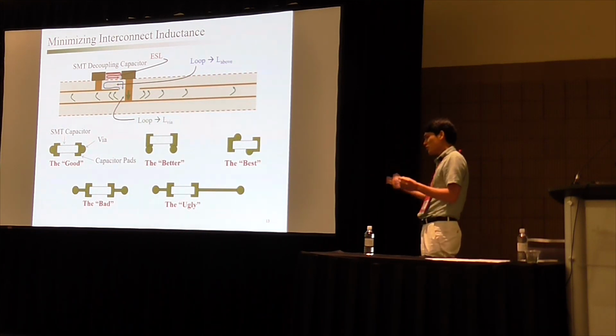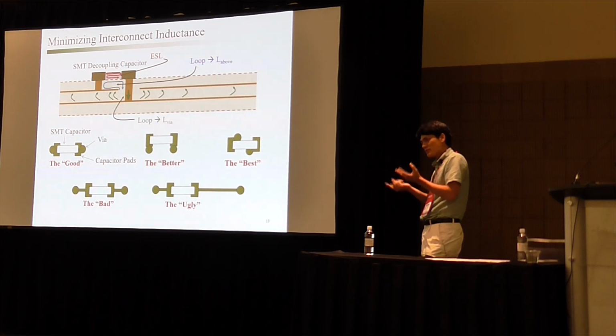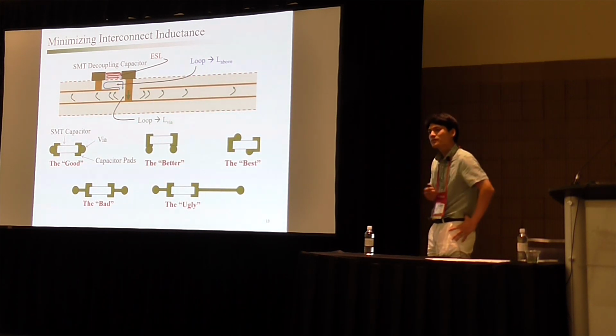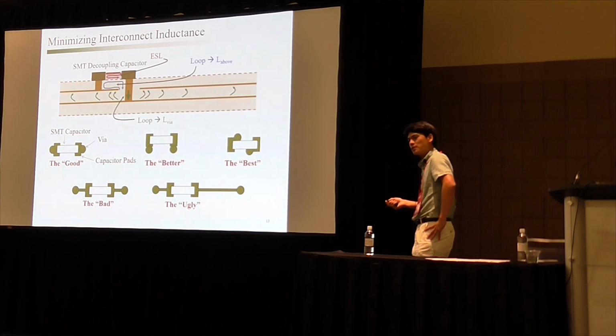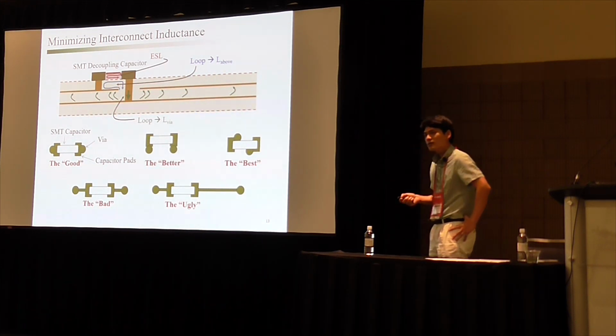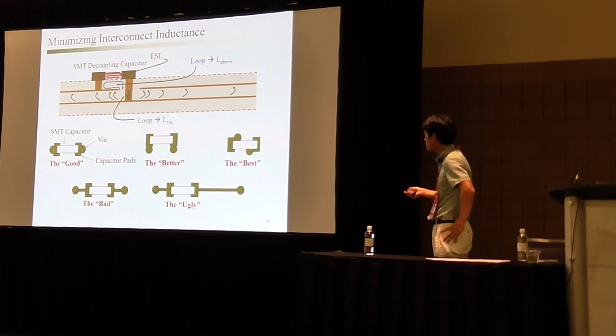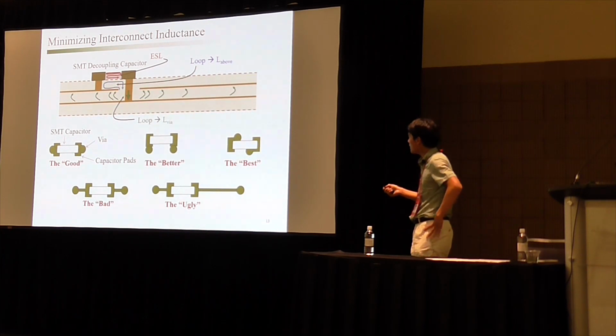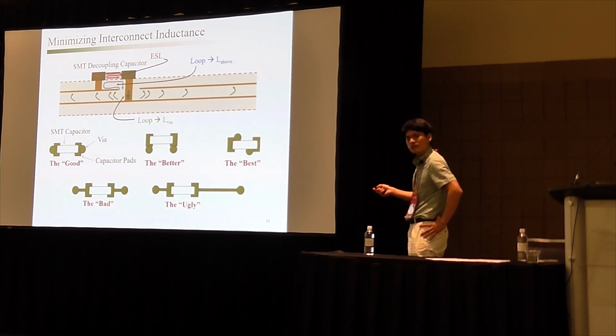So the larger the loop, the larger the inductance. The smaller the loop, the smaller the inductance. So by putting these two vias together, we can reduce this inductance. It's quite straightforward, right? So this design could be the best, simply because the distance between these two vias is the smallest, so we can have the smallest L above.